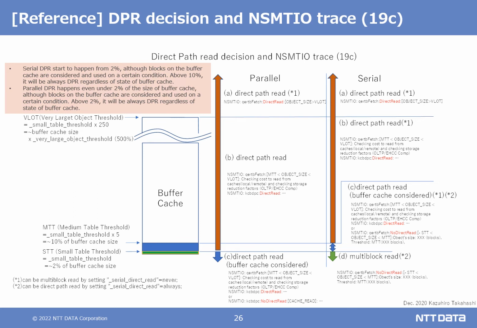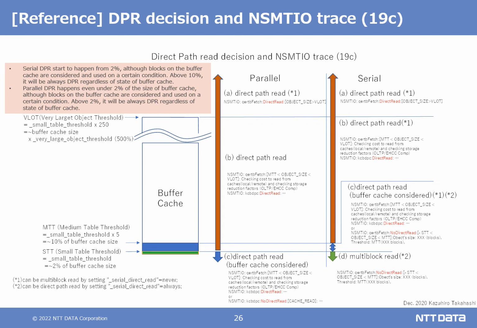There were two test cases, one for serial, the other for parallel. As you can see, serial direct path read starts to happen from 2%, whereas parallel starts to happen even under 2%. That means it is possible to make a query do DPR with a parallel hint.